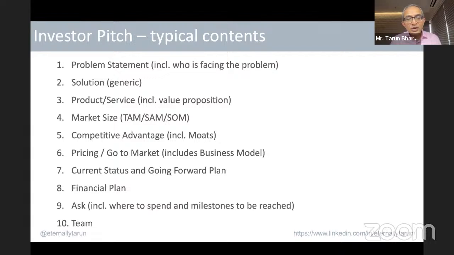I would just like to end by saying, since I have had experience as a finance person, as a CFO for many years, I have a bit of a finance bias. So when I look at businesses, I look with a finance lens. The different aspects of preparing a startup and making an investor pitch, which has a broader business connotation and wherein a finance lens is required, is something that I'll be more than happy to interact on.